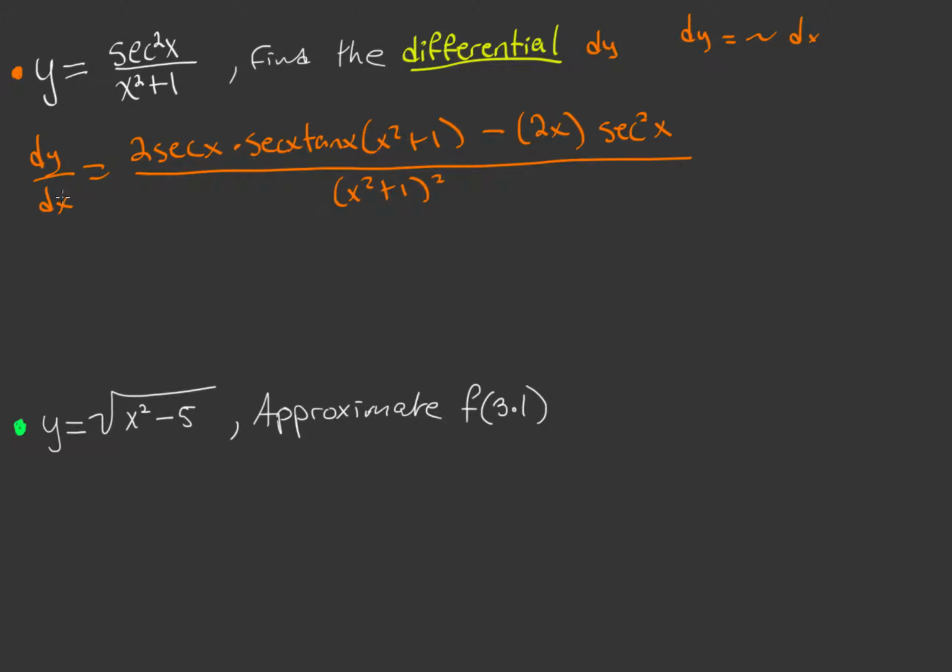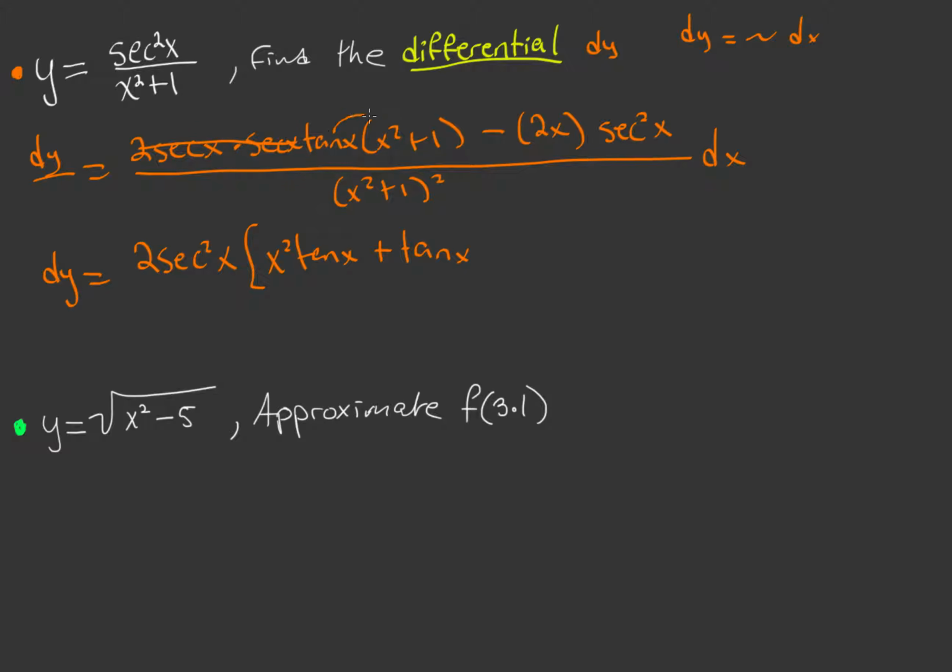So if we move dx onto this side, that's our differential. But we can also make this look nicer by factoring out 2 secant squared x on the top. This will make it look nicer by having x squared tangent x plus tangent x, because we pulled out this part right here.